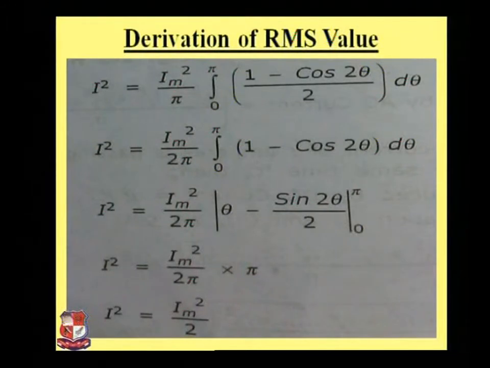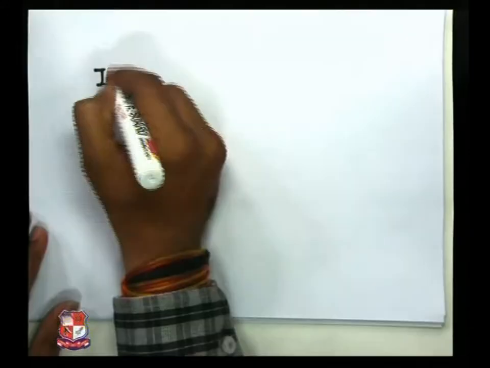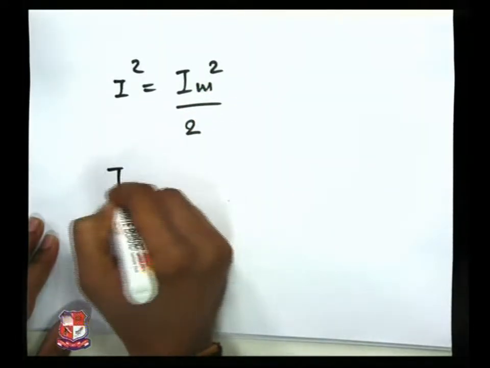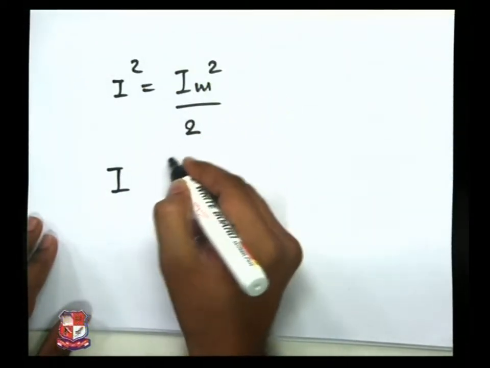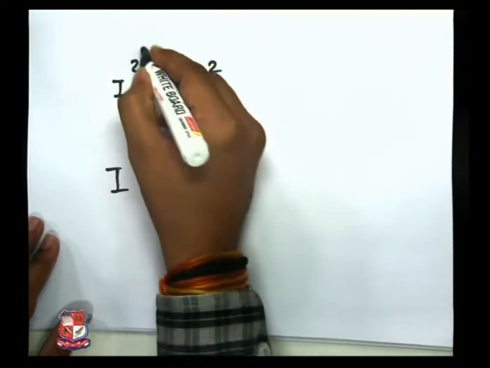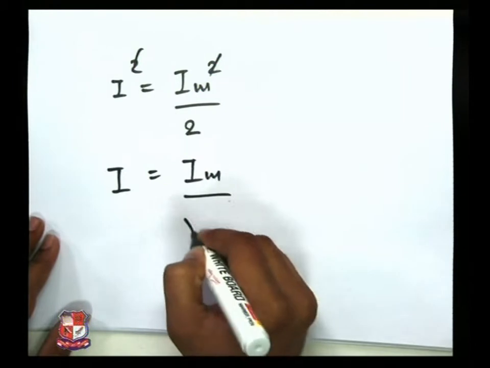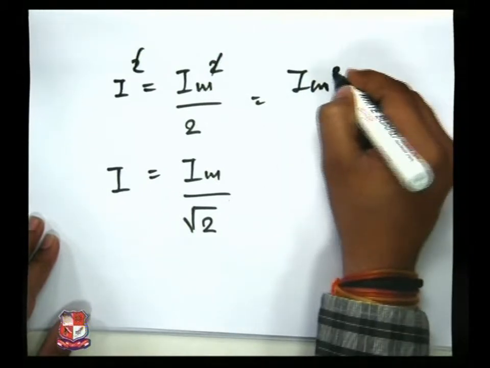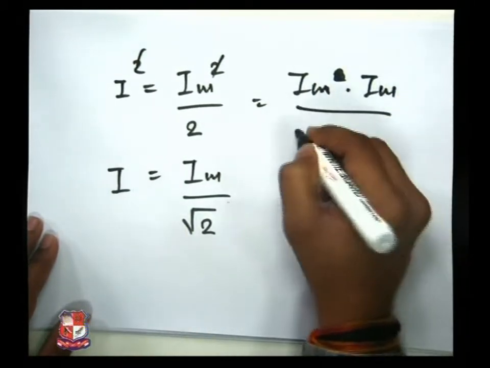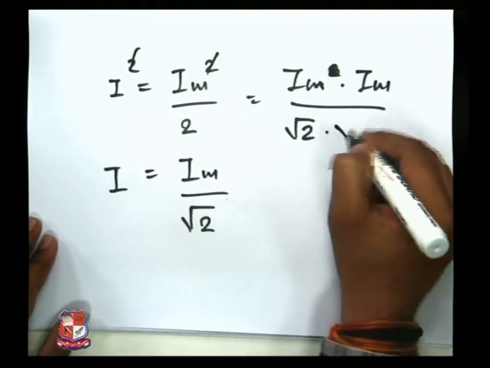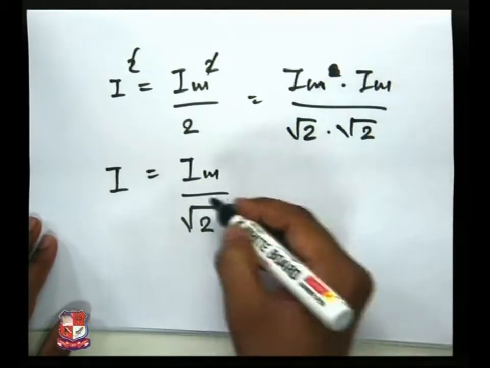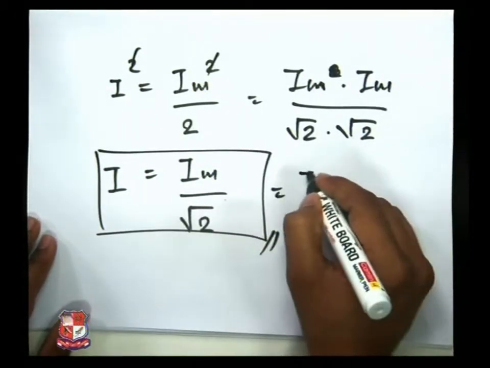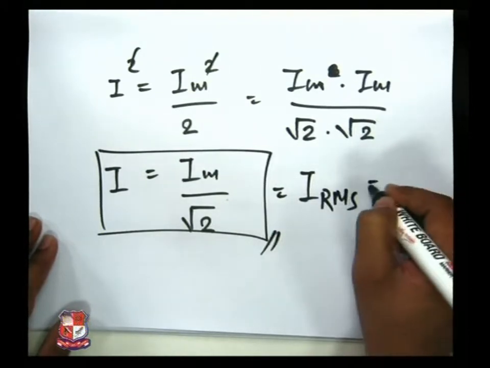Finally, removing the square from both sides, we get Im by root 2, because you can write Im square as Im into Im, and 2 as root 2 into root 2. So the squares cancel out, and ultimately we get I equals Im by root 2, and this is the IRMS value.